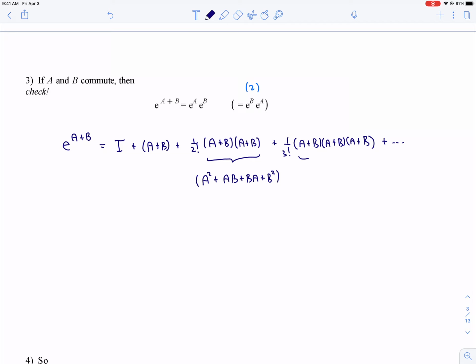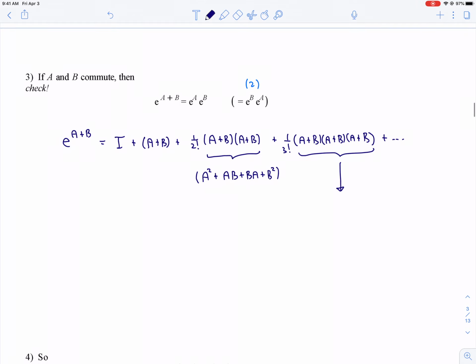When you do A plus B cubed and you use the distributive property over and over again, you will get a pure A cubed from the product of all the firsts. Now let's collect the ones that have A squareds in them.